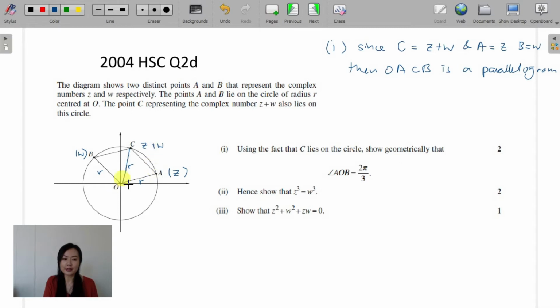For the addition to happen, they have to form a parallelogram. But then what else do we know? We also know these two are equal, right? So equal radii. So we can say that this is a rhombus, isn't it?